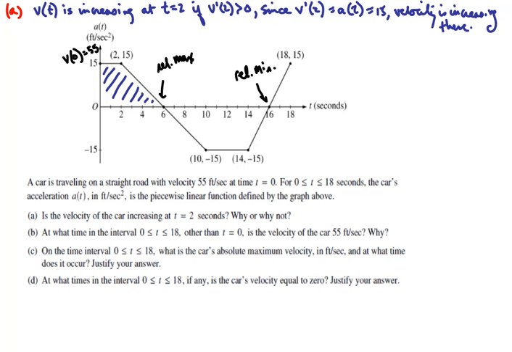If we ever decrease by the same amount that we increased by from 0 to 6, you can see that we have a symmetry in the shapes from 0 to 6 and from 6 to 12, and those two areas cancel each other out. So at t equals 12, v of 12 is equal to v of 0.